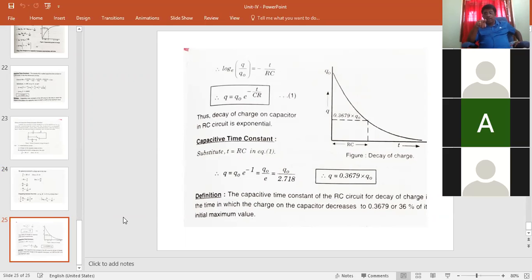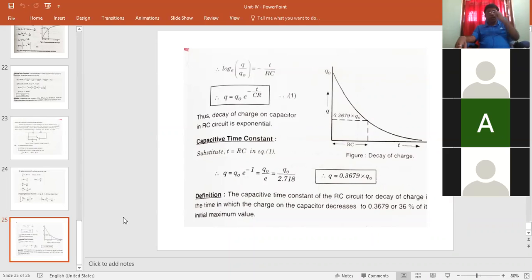In this equation, when t is equal to 0, e raised to power 0 is 1, so the value of q is equal to q0.